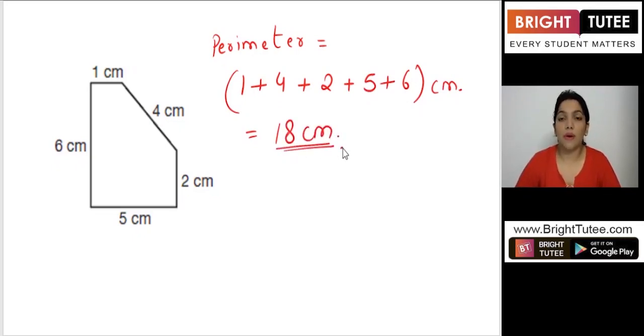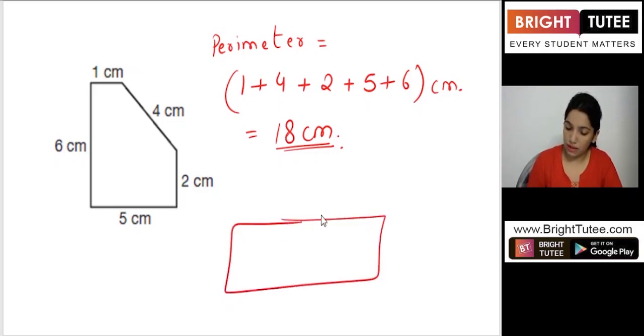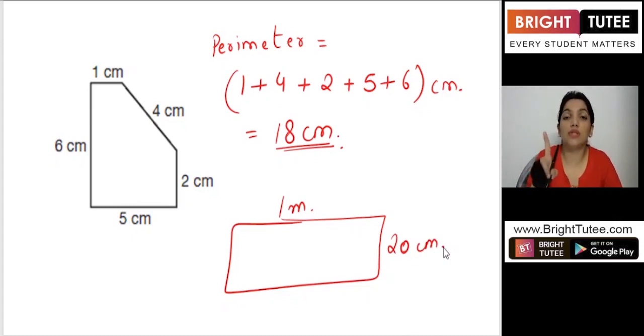So now I hope you're clear how we are adding all these. One thing that I want you to be careful about is that if any of the sides has different units, say this is my shape and I have given this as 1 meter and this one as say 20 centimeter, I need to work out the perimeter using just a single unit.